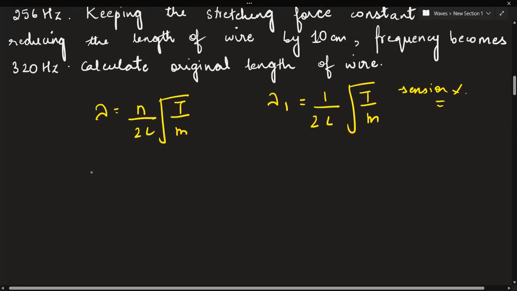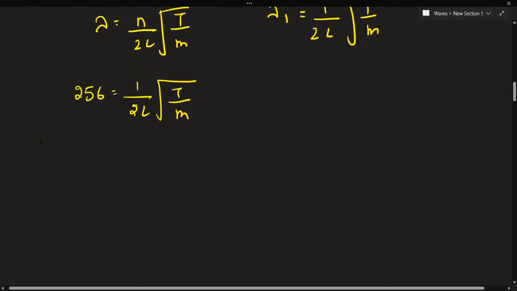So if the frequency is 256, this is 256 equals 1 by 2L under root T by M. If it is 320, it will be 1 by 2, and what should be the value of L? Should I write it as L only for the 320 case?